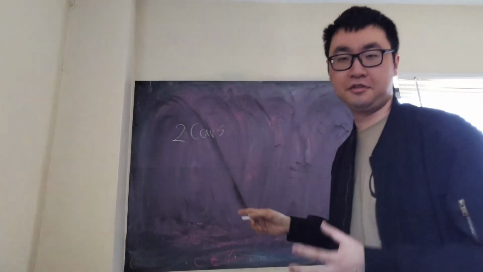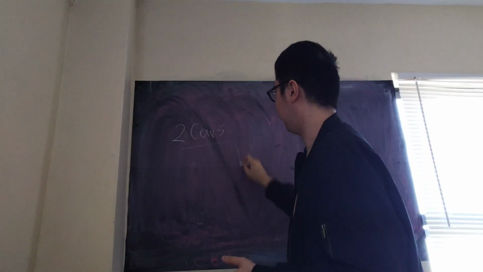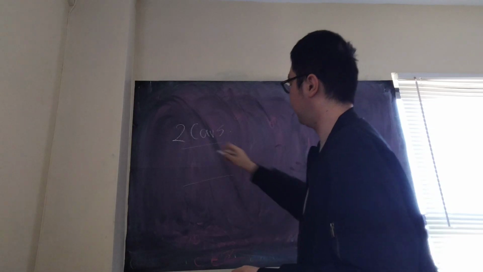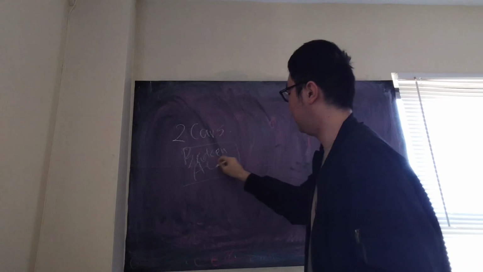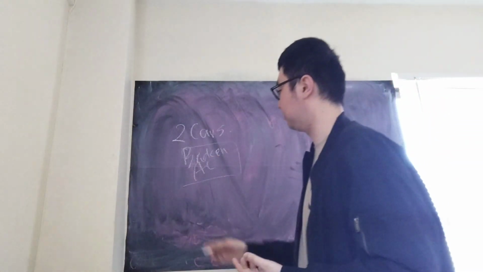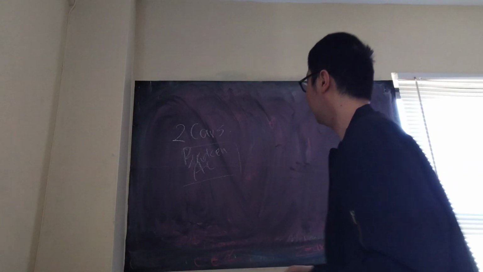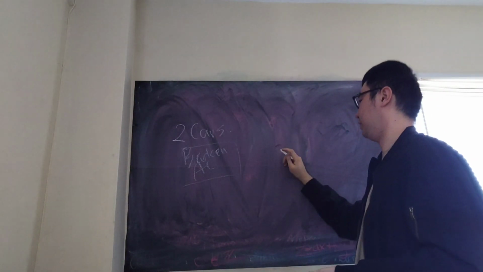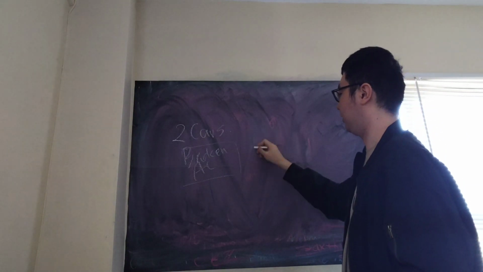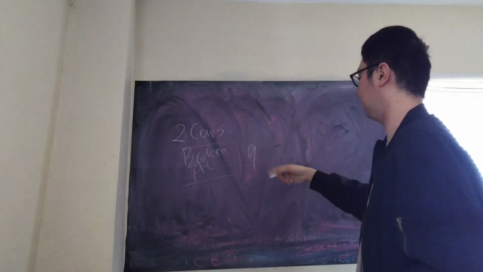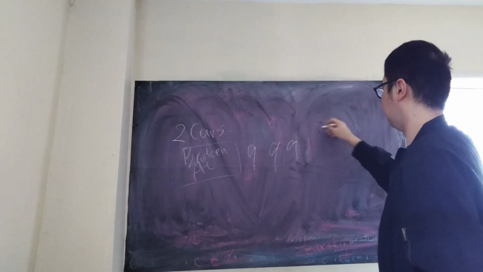The first car maybe has a broken AC or something, and you want to rate it from 0 to 10. So 0 is the lowest score, 10 is the full score, and you rate it for 10 days. So it's almost perfect. You rate it maybe 9 out of 10 for the first day, and 9 out of 10 on the second day, and you do this for 10 days.